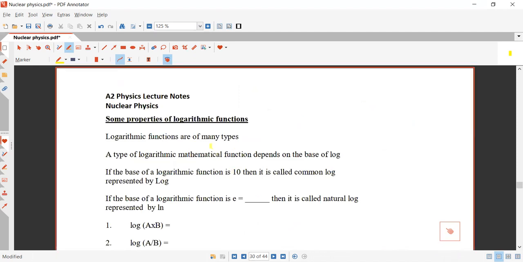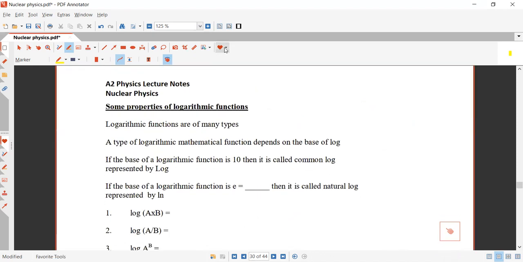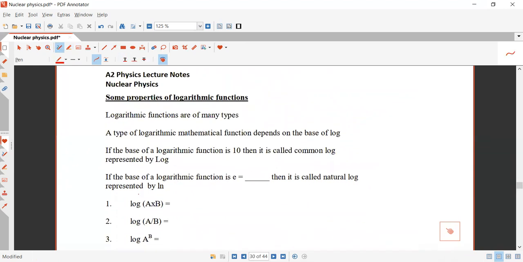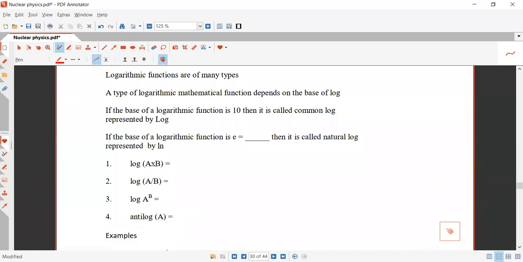Okay, so now let me remind you of some basic properties of logarithms, right? If we have to take the log of the product of two numbers a and b, then the individual logarithms would be log a plus log b. And if they are being divided, then it's going to be log a minus log b, right?